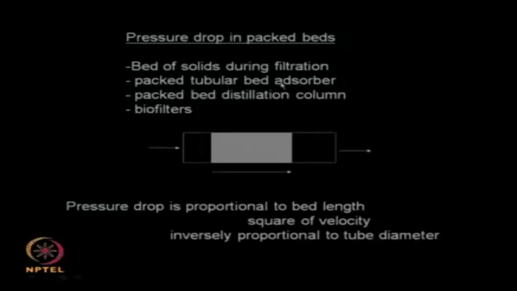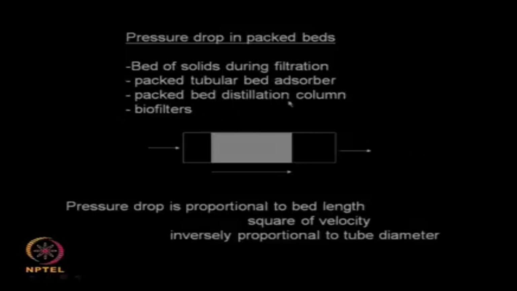So you need to have enough pressure for the liquid to flow through. In an adsorber, like we have been seeing, a packed bed tubular adsorber, you need to apply enough pressure so that the liquid can overcome this pressure drop and come out the other side.